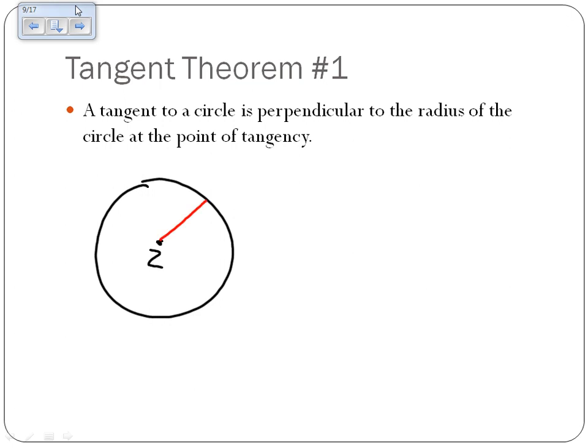We'll call that point B. What else do I need? A tangent. And it has to hit at the point of tangency. So that point of tangency is going to be right there at B. We'll put a point on here, point A.